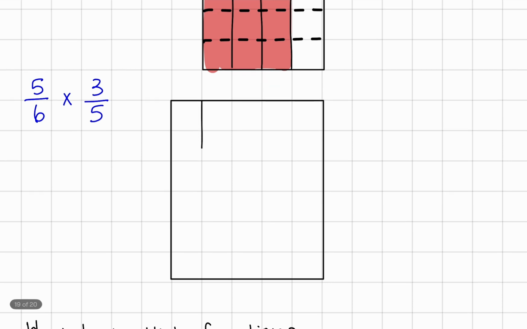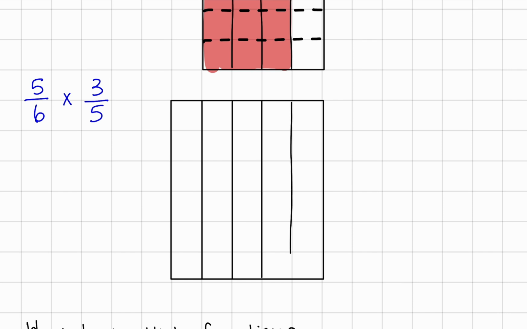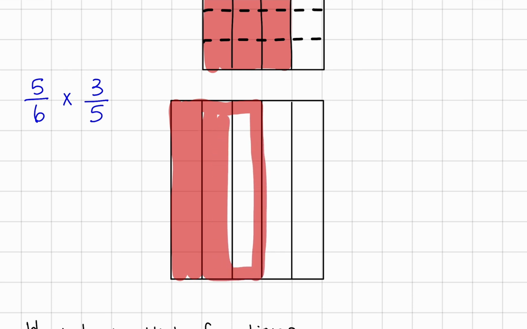So if I divide my model into fifths, because my second fraction is 3/5, and then I'm going to color 3/5 of my model red. Oops. My coloring is not very straight.